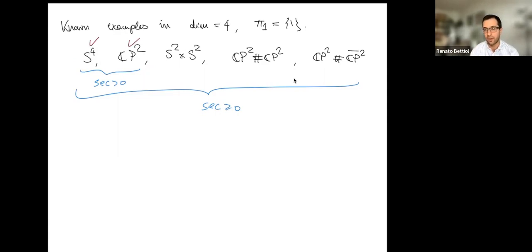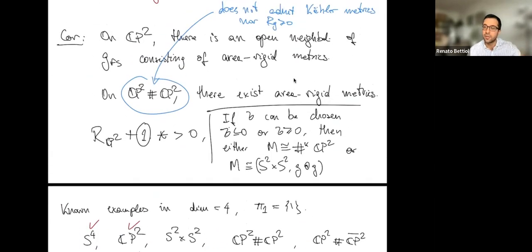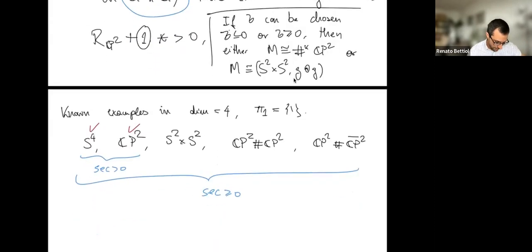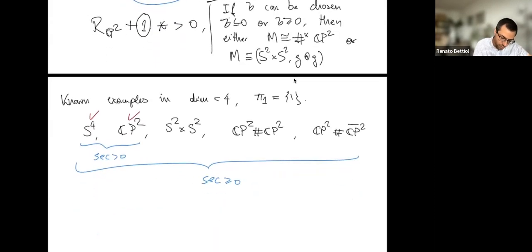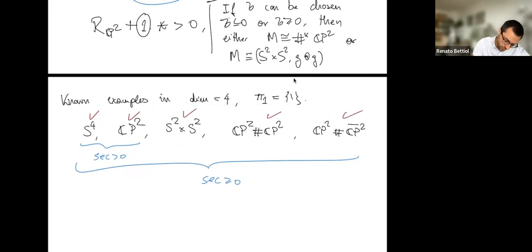The round sphere has a positive curvature operator, and a neighborhood of it consists of area rigid metrics. On CP2, by the corollary I just mentioned, you have such a neighborhood as well. On the manifolds that have non-negative sectional curvature and are conjectured not to admit strictly positive sectional curvature, you have area rigid metrics on all of them as well. The product metric of spheres is area rigid.